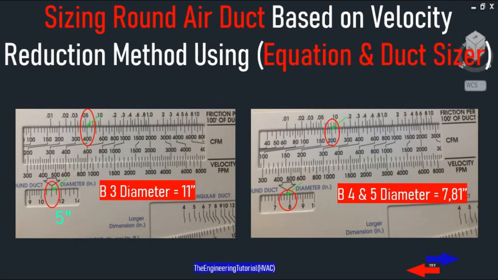Next, a friction loss of more than 0.05 for B3 with a diameter of 11 inches. So these are the sizes and friction losses that we have just calculated using recommended velocities, which are the same result as the ductsizer based on recommended velocities. So that's it for today.